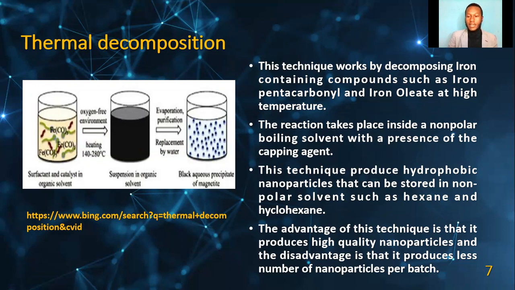The advantage of this technique is that it produces high quality nanoparticles, and the disadvantage is that it produces a smaller number of particles per batch. If we look carefully at this picture, we can see that iron pentacarbonyl is being decomposed in a nonpolar solvent and heated up to 280 degrees to produce the nanoparticles.